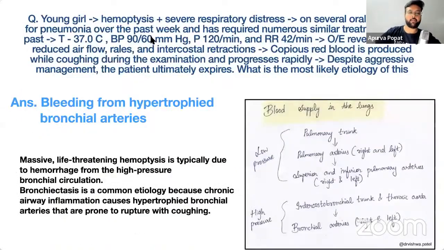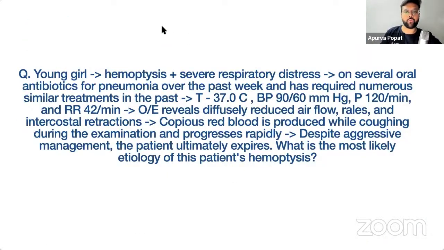Oh my God. A young girl is coming to you with hemoptysis. She is having severe respiratory distress. I'm summarizing the question. She has so much hemoptysis that her vitals become 90/60. Tachycardic. Respiratory rate is 42. She is coughing up copious red blood. During examination, the production of blood becomes so rapid.